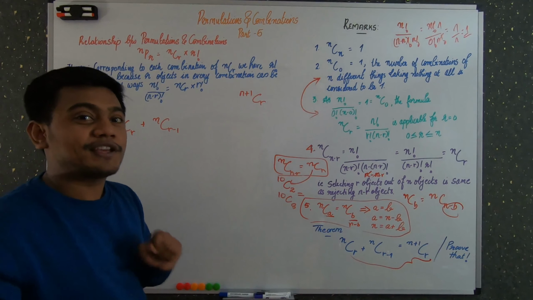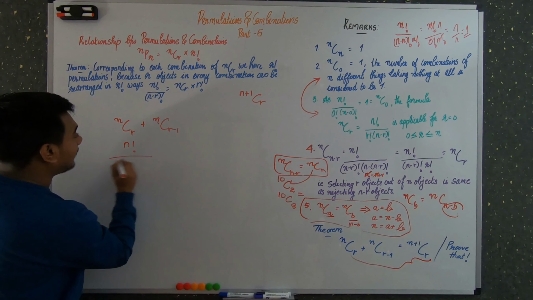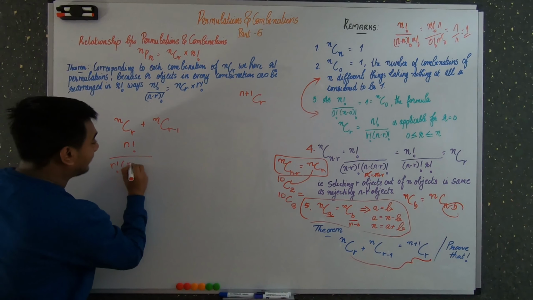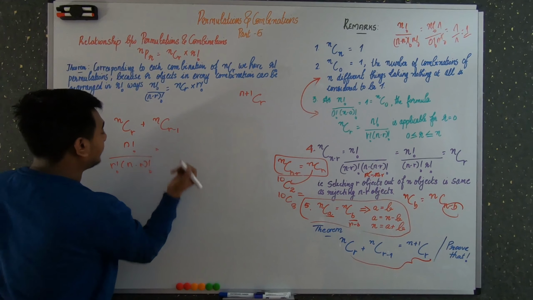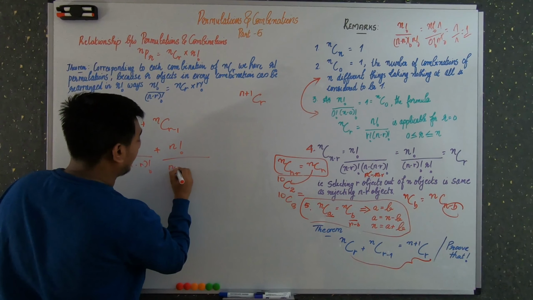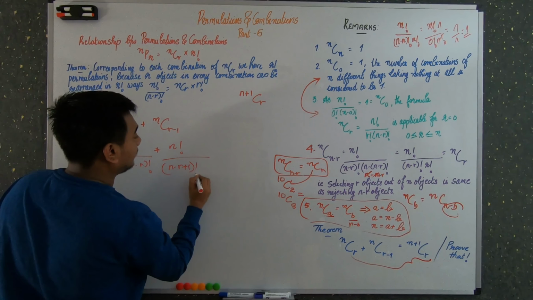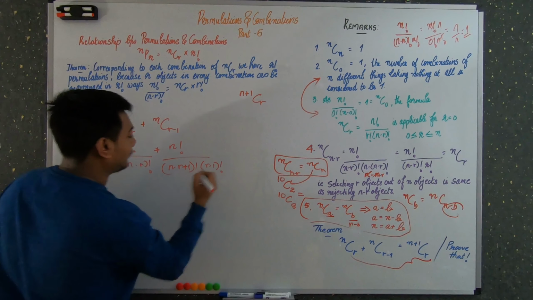So we are going to prove this theorem. What is the formula for it? n factorial by r factorial into (n minus r) factorial, right? And here it would be n factorial by (n minus r plus 1) factorial into (r minus 1) factorial.